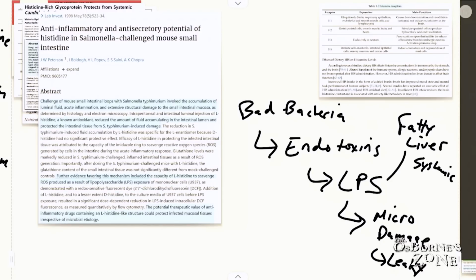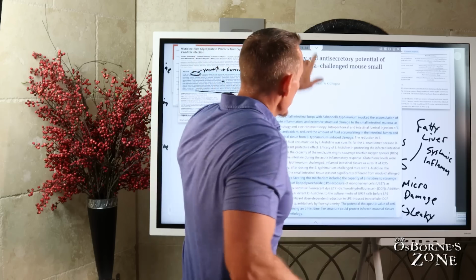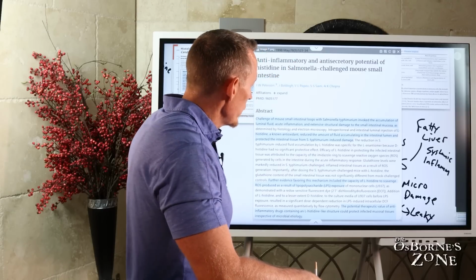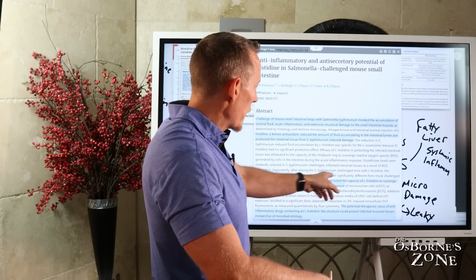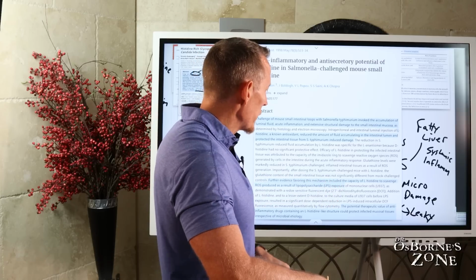So just because you have bacteria or a bug in your gut doesn't mean it can't translate across into the system, to your blood, creating a system-wide inflammatory process. So again, in this study, histidine was effective at reducing the damage caused by these endotoxins produced by bacteria, and the LPS endotoxin.